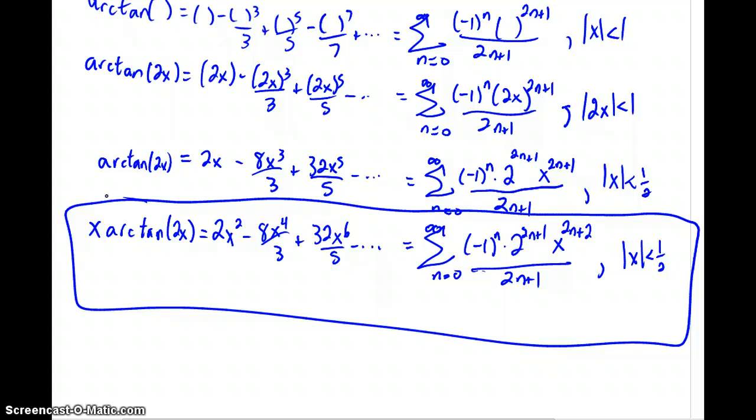We're going to continue to work on this, and in section 12.10 we're actually going to talk about another way that we can derive or create a power series, especially if we are not able to work off of one of the ones that we have today. So best of luck to you, and good luck.